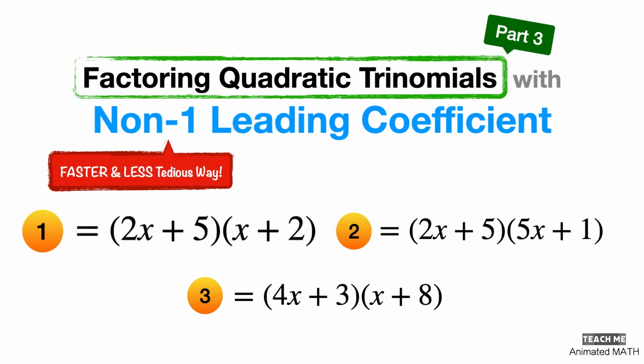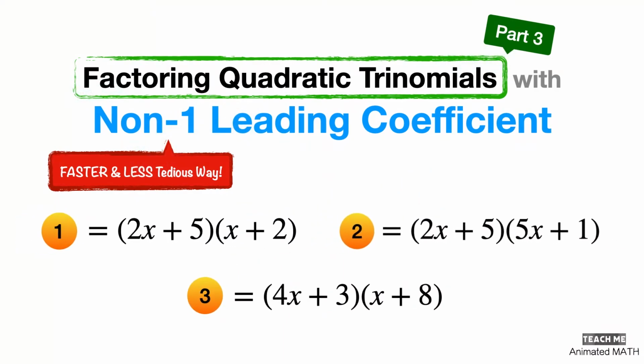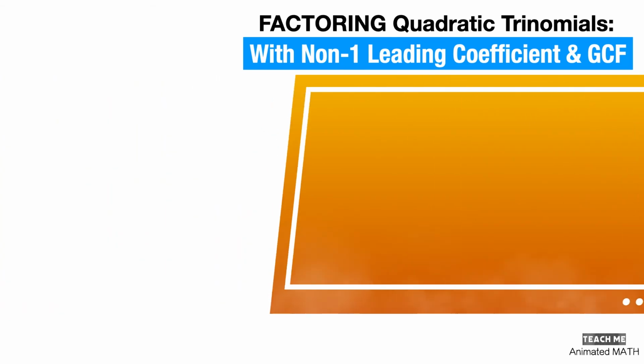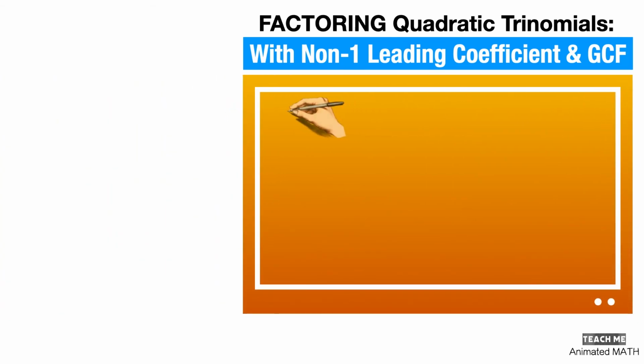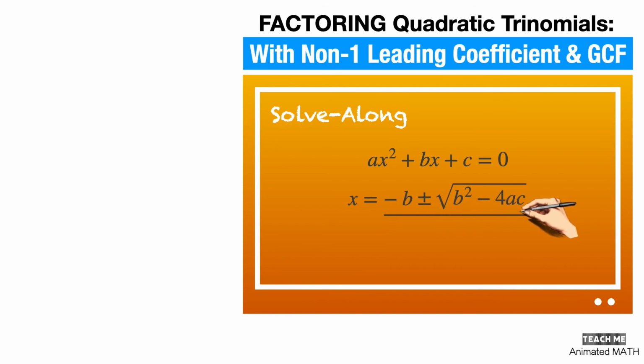And don't be afraid to make mistakes, since correcting them is part of your learning process. Our next solve-along worksheet video is about factoring quadratic trinomials together with the GCF method. This will be just slightly harder since we're throwing GCFs in the mix. But don't worry, because our video will have step-by-step solutions that are very easy to follow.